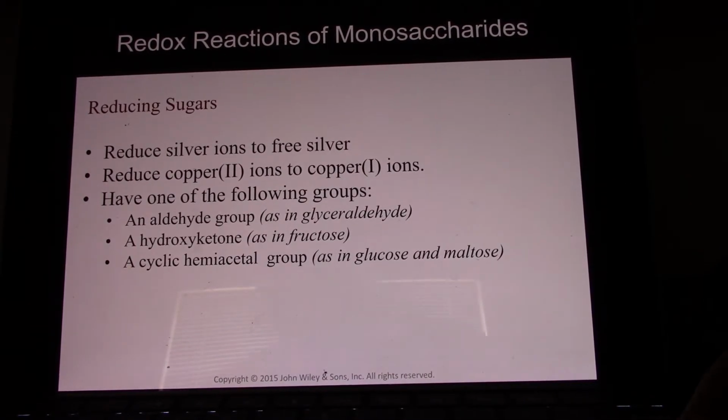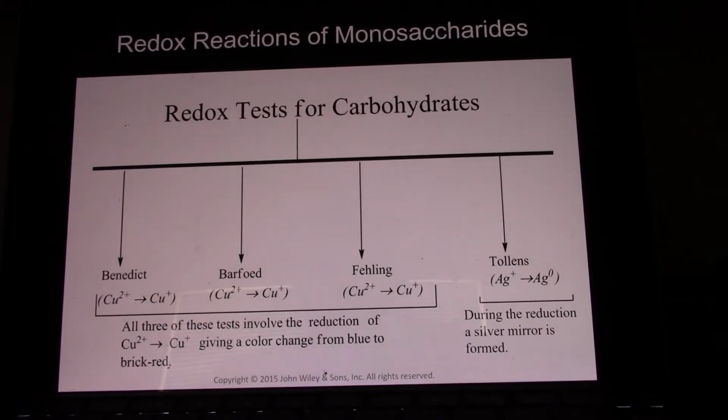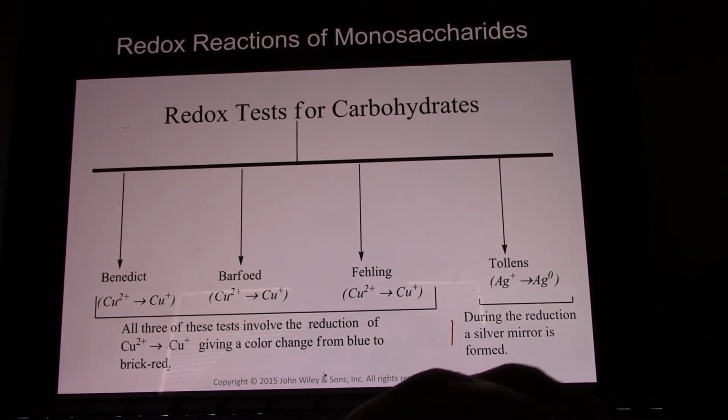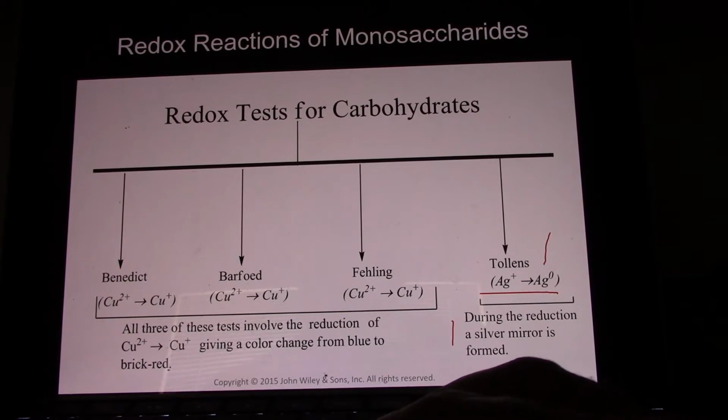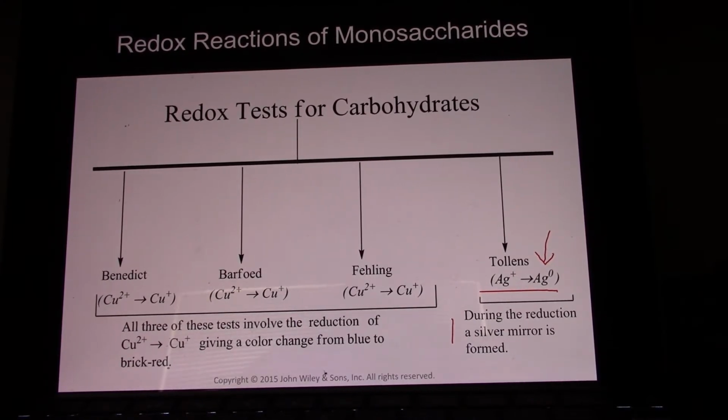Reducing sugars. They'll reduce silver ions to free silver. It's a common test for an aldehyde group. Or you can reduce copper 2 ions to copper 1 ions. So again, the Tollens test, you have silver nitrate and it gets reduced to metallic silver, and they do this experiment a lot because the silver will precipitate on the glass of the beaker, making a nice silvered mirror, or you can make Christmas ornaments if you have a glass sphere like that.